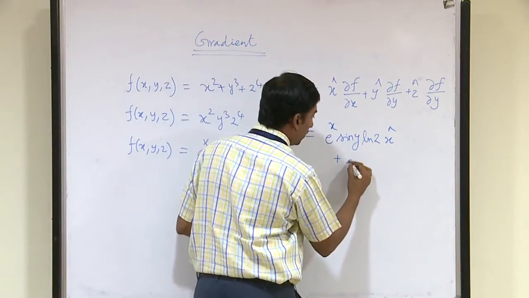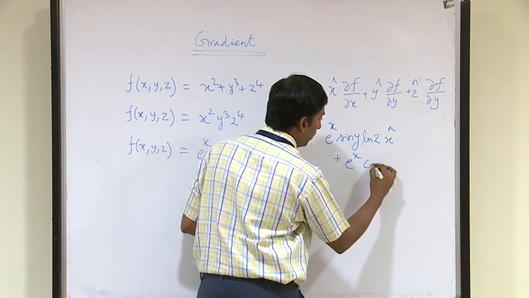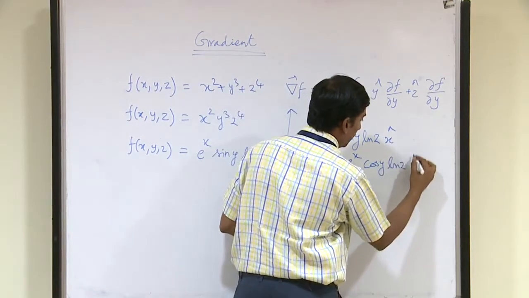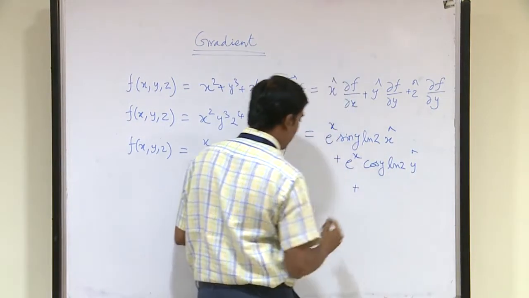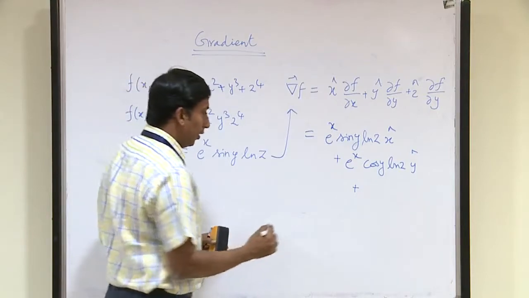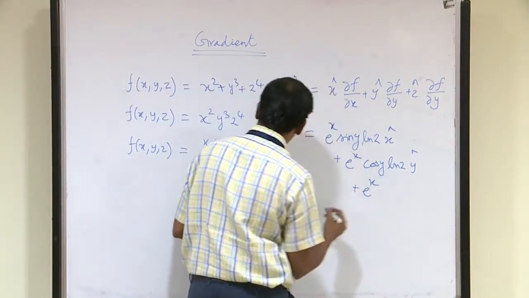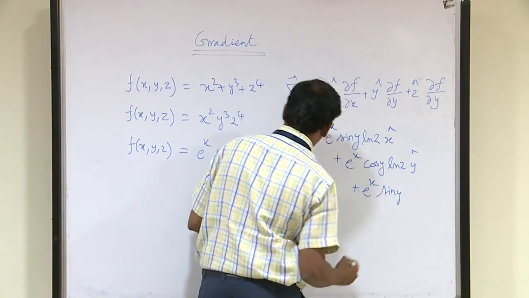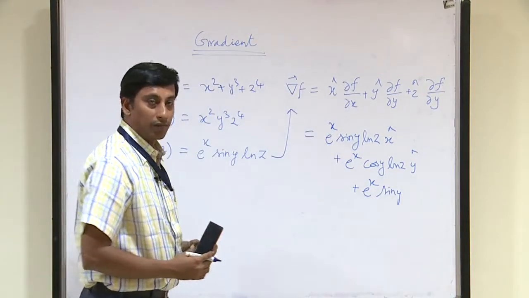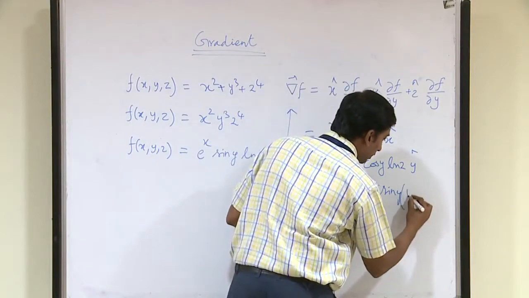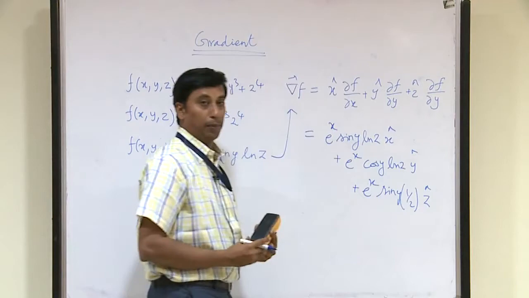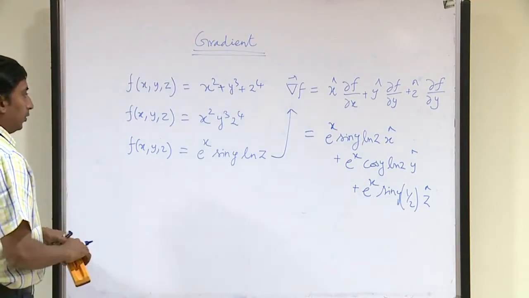So what will this be? E power x cos y ln z into y cap plus final part, e power x sin y. If you take the derivative of ln z, you will get 1 by z into z cap. Okay.